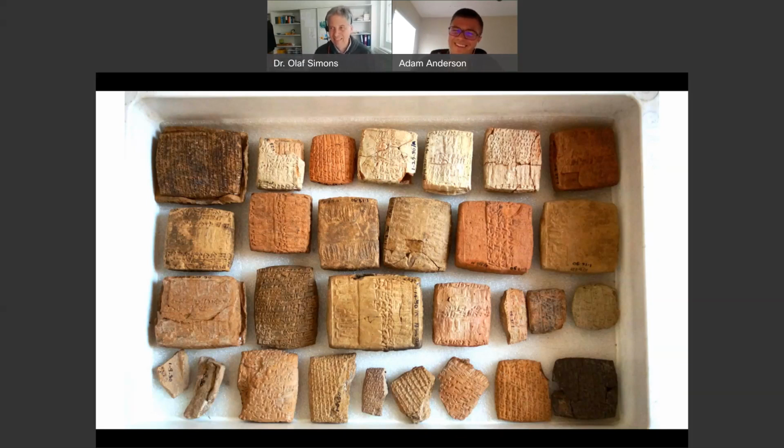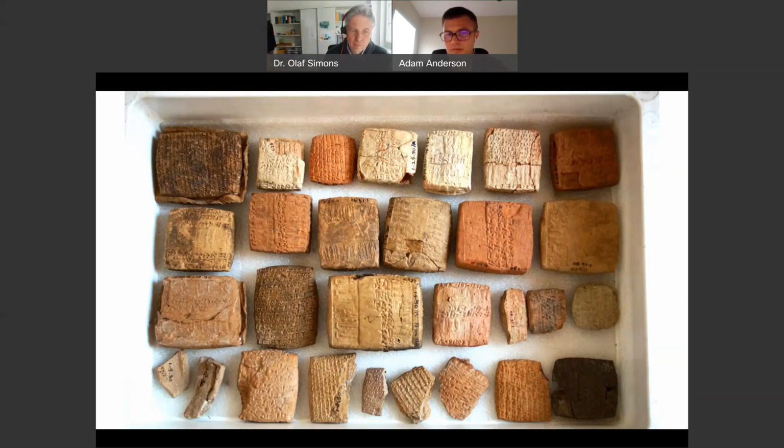So you can see that they're in different states and conditions of completeness. Some of them are only fragments, and sometimes they're preserved well, and other times they're slowly decaying. It depends on how much salt is in here. But these are clay tablets.